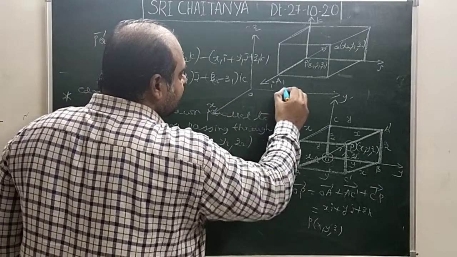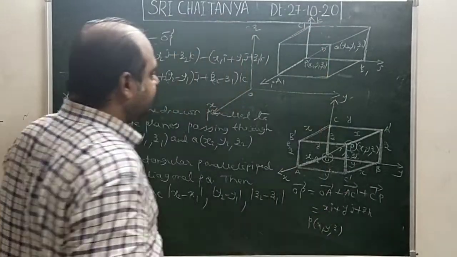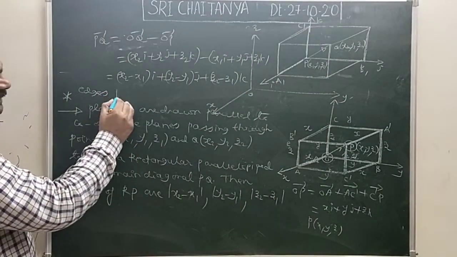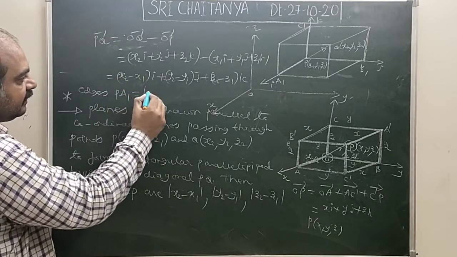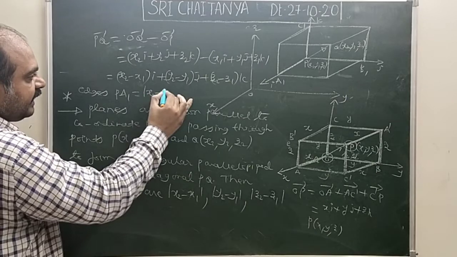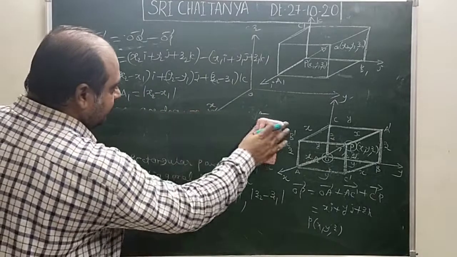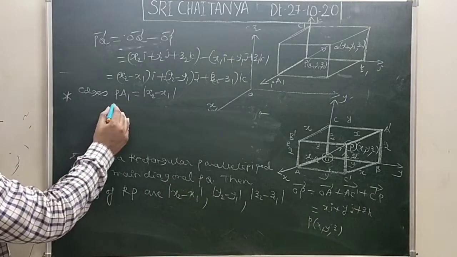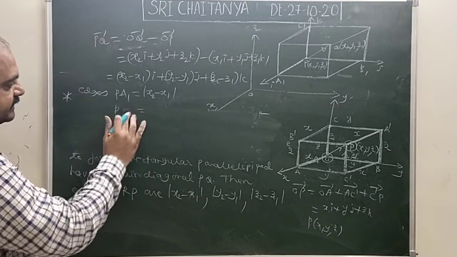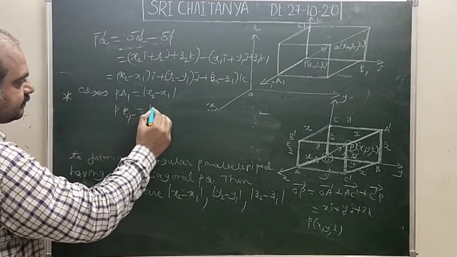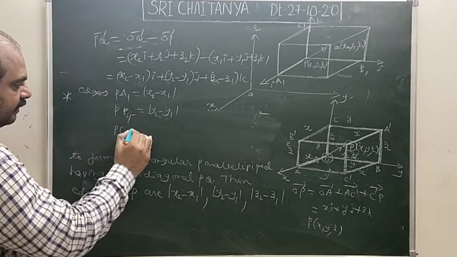Edges are nothing but, let us say this is A1, this is B1, this is C1. The edge formula: PA1 equals this i coefficient. It can be negative also, that's why the length of the edge is nothing but modulus of x2 minus x1. PB1 is another edge, that is modulus of y2 minus y1.